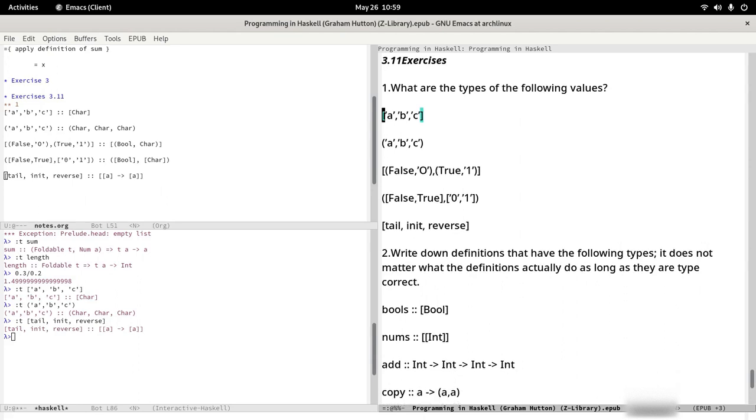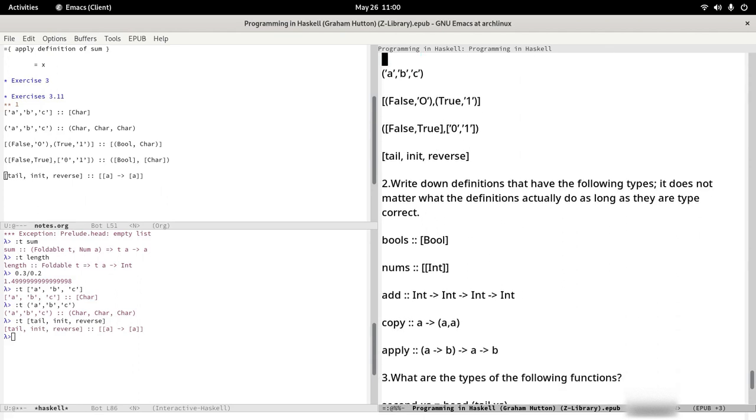Write down definitions that have the following types. It does not matter what the definitions actually do as long as the type is correct. Bools. Okay, let's see. Bools is True. Yeah. Nums. A list of lists of numbers.